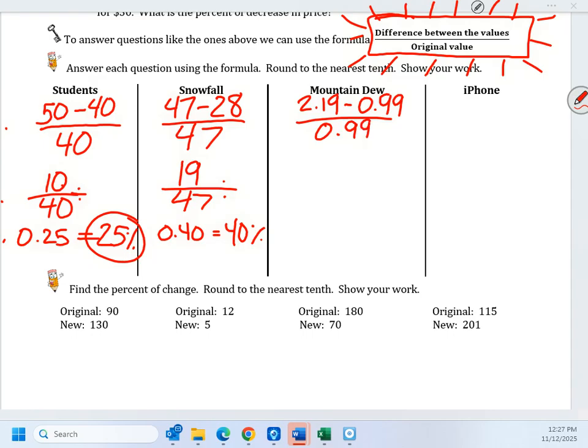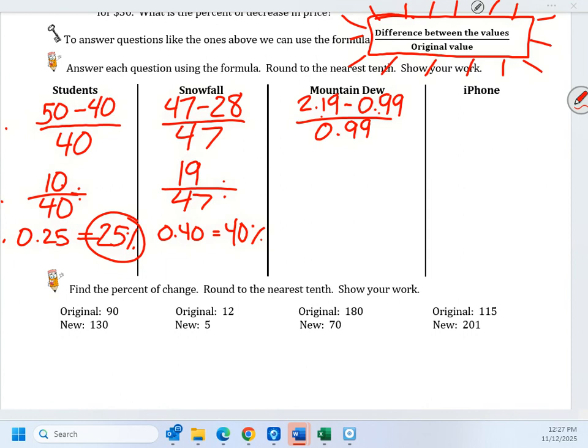We saw 1998, we saw that 20 ounces, but we're not using those numbers in our formula, so it's not going to be our denominator. Okay, we're looking at the two amounts, and we had to pick which one of those came first. So what's 2.19 minus 99 cents?